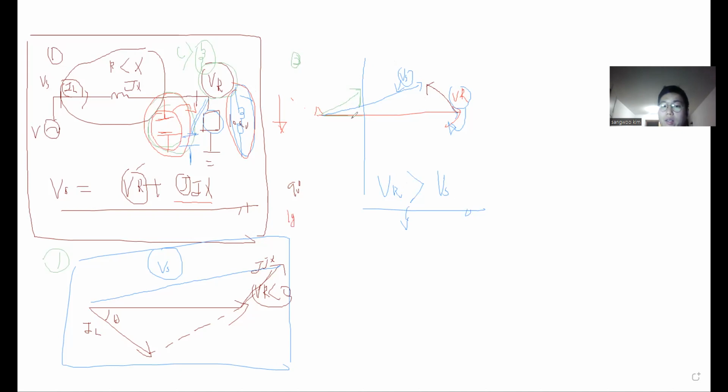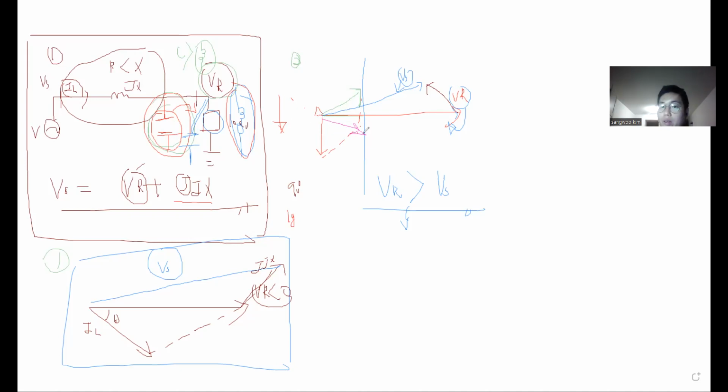So if we add L, what happens? Add these two currents, and this current, you can see this color, changes to a lagging part. Previously it was leading, but now it is lagging because we added L, right?